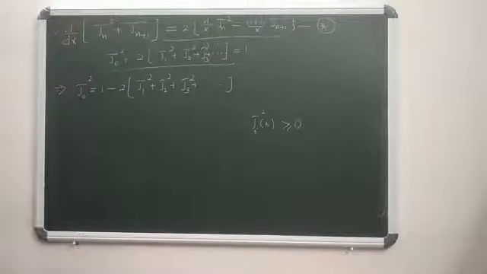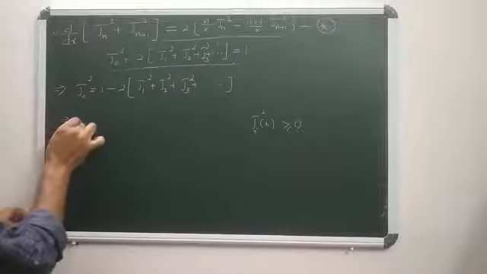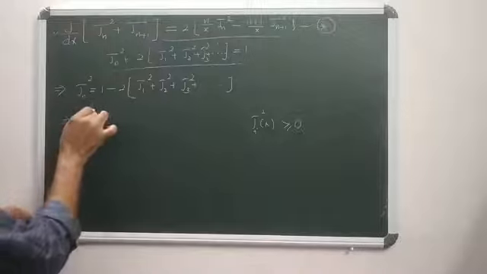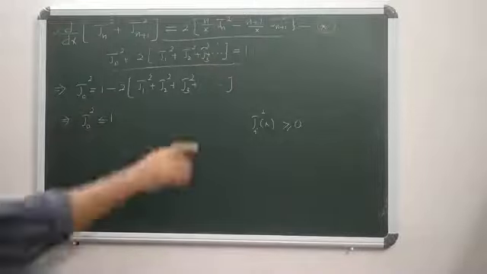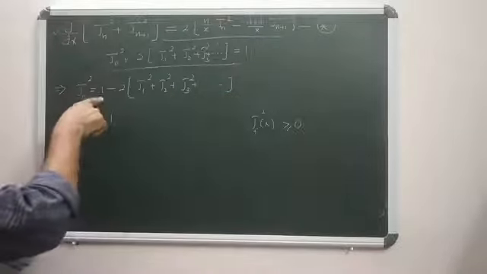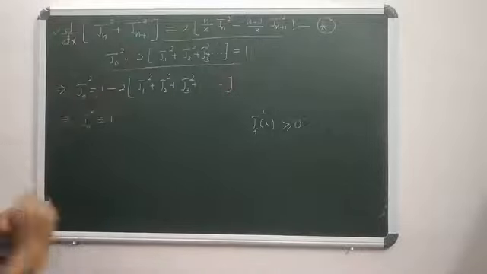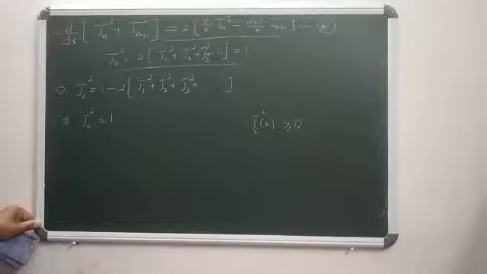They may be greater than or equal to 0. Since Jn x whole square is greater than or equal to 0, this implies J0 square is less than or equal to 1. When all of these terms are zeros, it should be 1. Otherwise, it is less than 1. So J0 square less than or equal to 1.